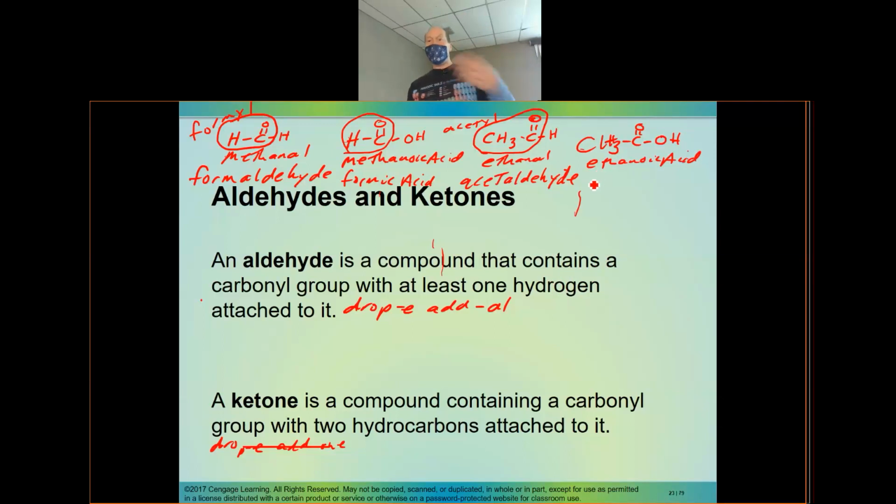But no one calls this ethanoic acid. We have this one from first semester Gen Chem. This is acetic acid because it has the acetyl group on an acid. So everyone will call this acetic acid.